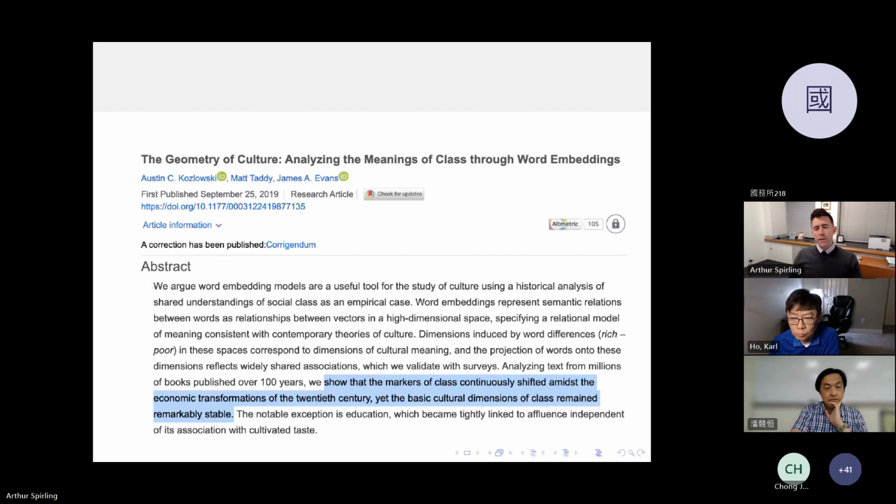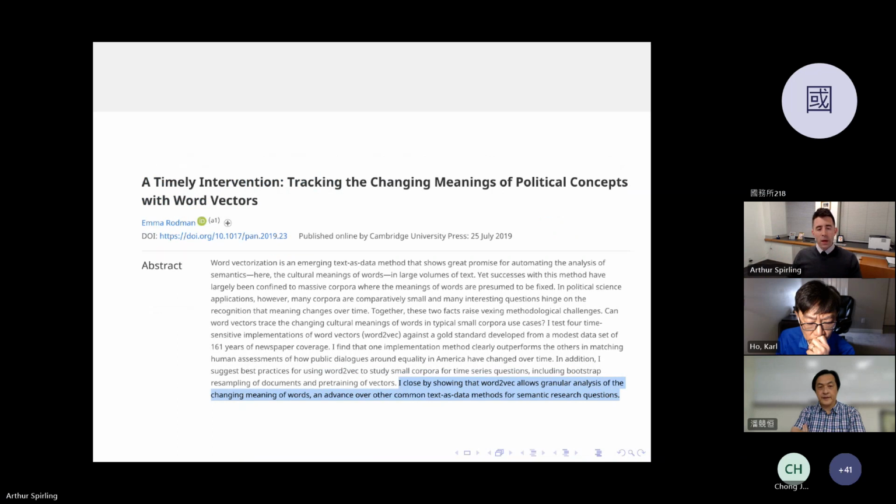You see them in social science too. So just to shout out to some papers that you might come across. There's a nice paper by Kozlowski looking at how embeddings might tell us about class, about how social class might move with respect to cultural artifacts. Emma Rodman has a nice paper in PA. We'll return to her work later.